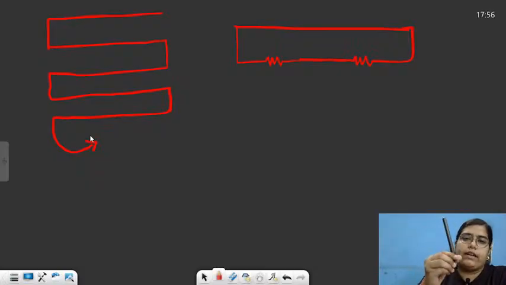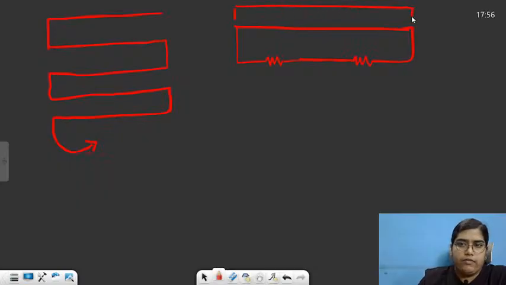What we do is we start from the zero end and move the stylus across the wire. You have a scale fixed over here to take the reading. This is 0 point and this is 100 centimeter. It is a 1 meter wire, so 100 centimeter.